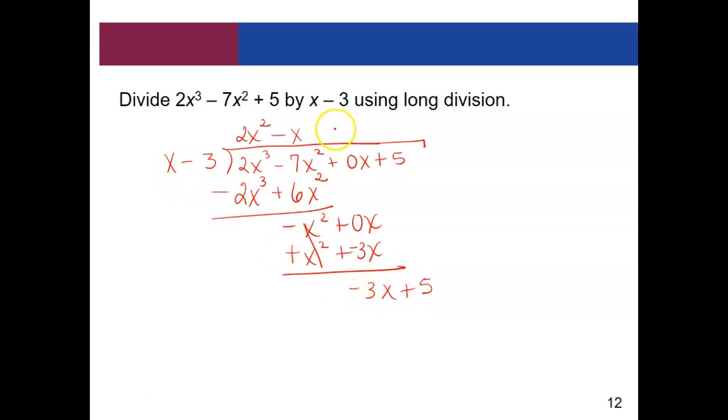Looking at this, I need to multiply this by negative 3. So negative 3 times x will be negative 3x. Negative 3 times negative 3 would be positive 9. Change the signs and end up with negative 4 as the remainder. I would end up with this as my quotient plus the remainder over the divisor.